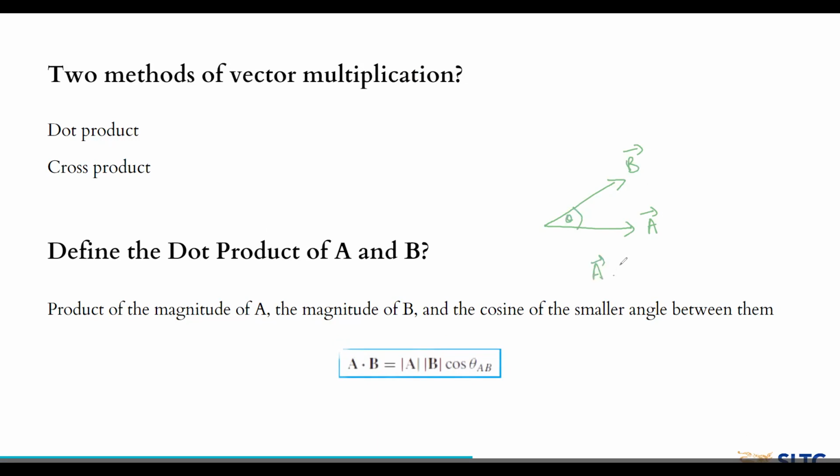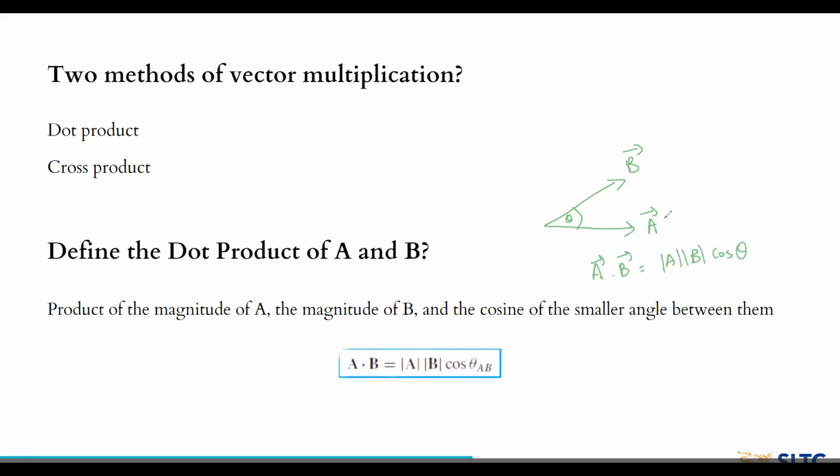This is a standard, and we need to follow that standard when we find the value of the dot product. The dot product is used basically in situations where we need to take the projection of a vector on another vector.